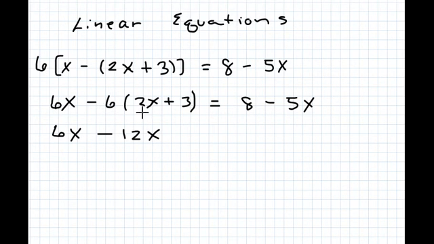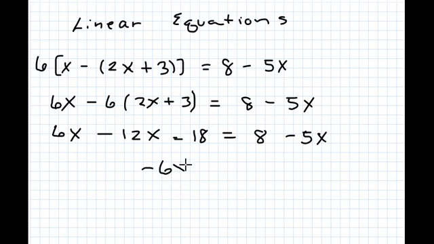So a negative 6 times 2x is minus 12x, and then distribute it across, and so we have a minus here, and 6 times 3 is 18. Alright, now what we want to do is collect our like terms up. So we have 6x minus 12x, and 6 minus 12, well, that would be a negative 6.